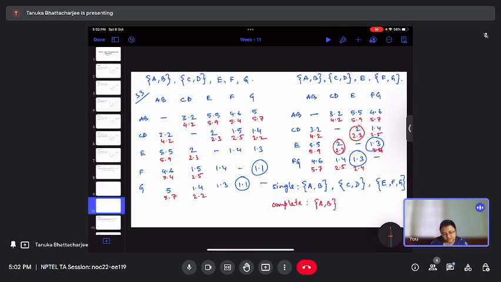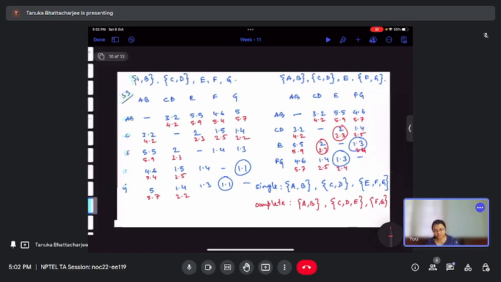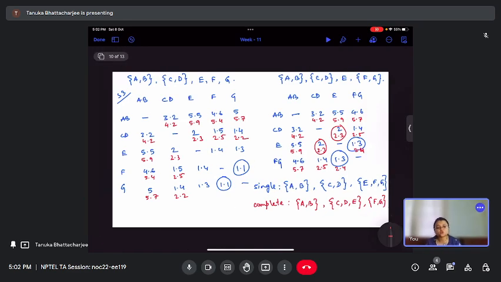The minimum distance you have got is 2.3, that's correct, right? Yeah, 2.3 is the minimum, between CD and E. So you will merge E with CD and you will have another as FG. So the element E belongs to two different clusters in the case of these two clustering algorithms.